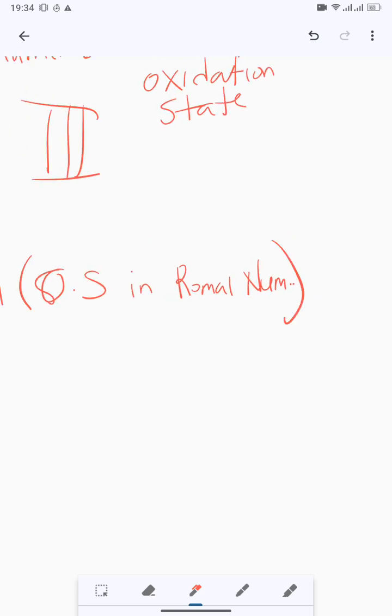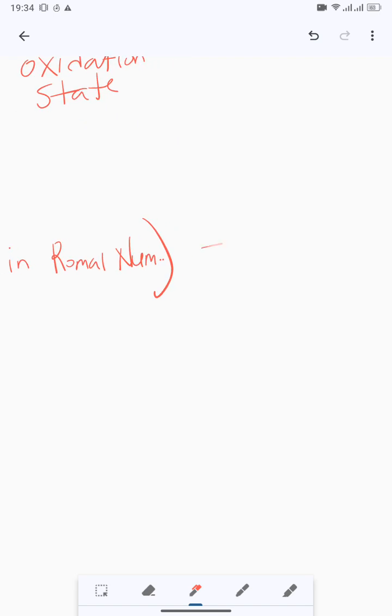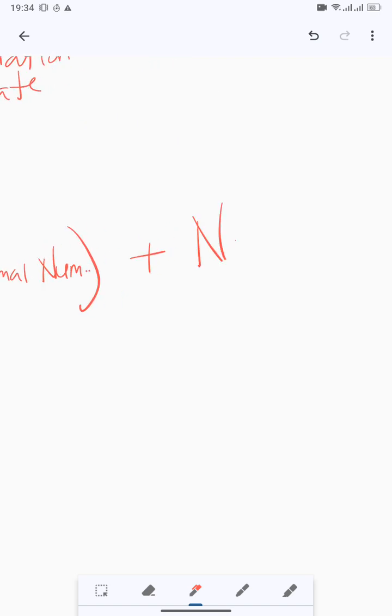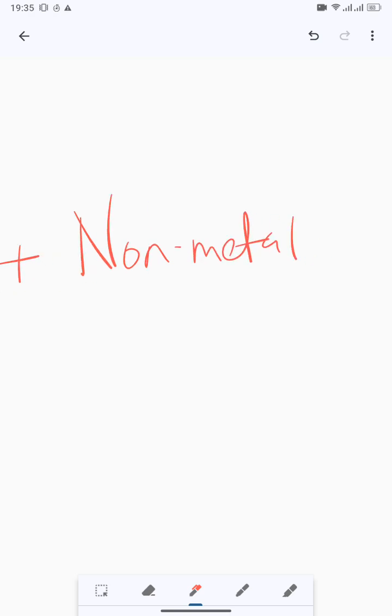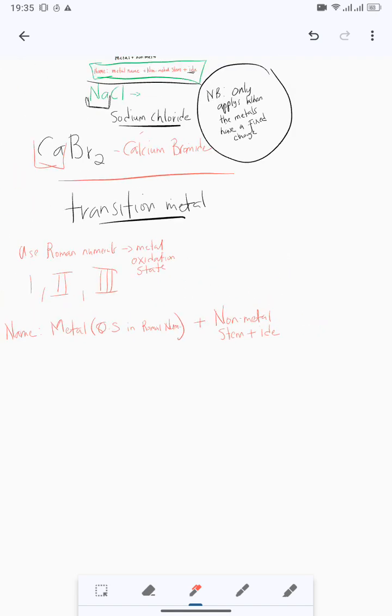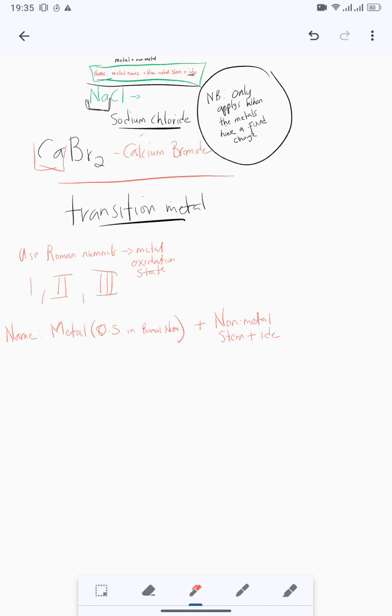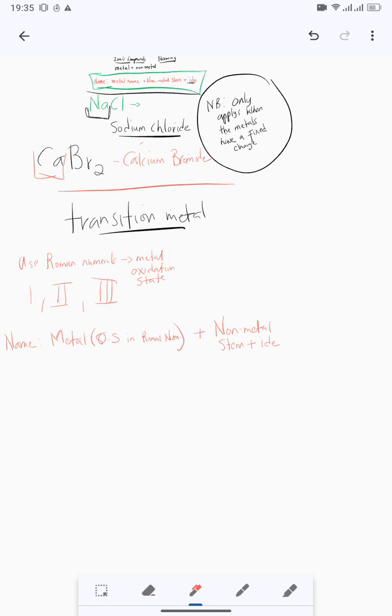I'm trying to manage my space. And then that's when you add the non-metal stem plus -ide. So basically it's still the same, because it's still an ionic compound, we are still going to name the metal, then the non-metal stem, then the suffix -ide.